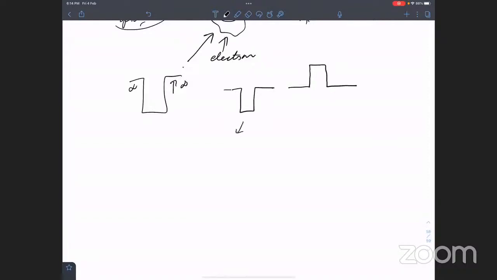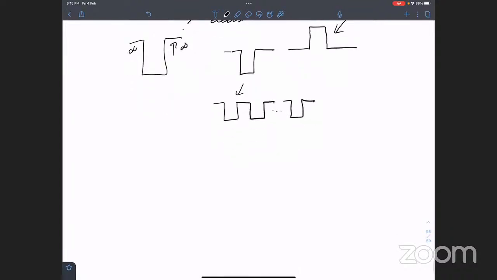And here we also talked about multiple barriers. What happens in a multiple barrier? We have degeneracy splitting. We have band formation. Now the question comes, what happens if I have multiple barriers, not multiple holes?